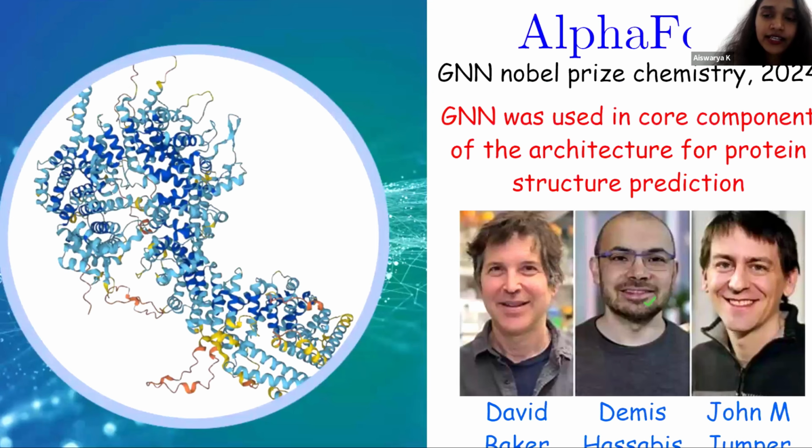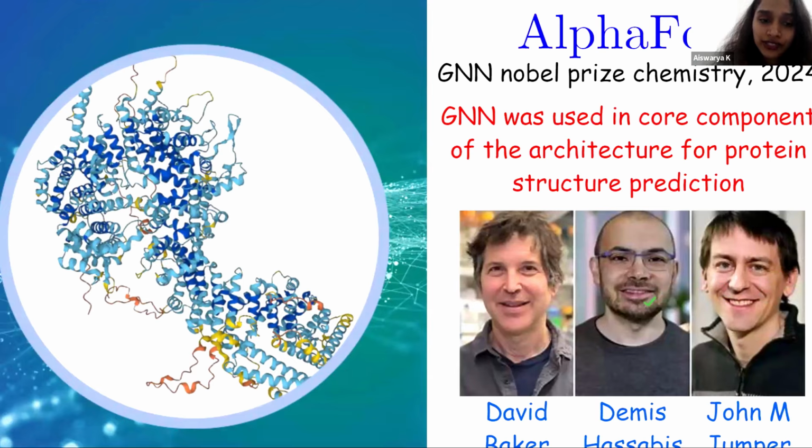Now coming to AlphaFold, in 2024, the Nobel Prize in Chemistry was awarded to AlphaFold, right, for protein folding. Here the researchers were recognized for using AI by modeling the amino acid sequences as graphs and using Evoformer in AlphaFold for predicting the protein folding.